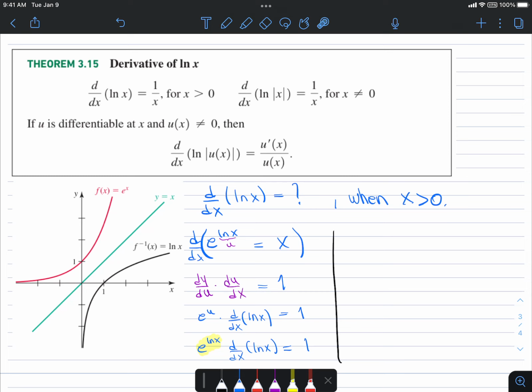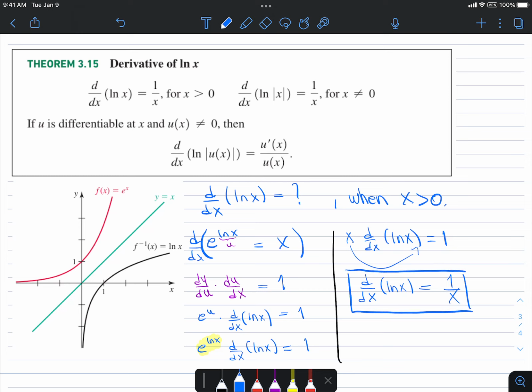That's the original equation we started with. So that's x times the derivative of ln x. If I divide by x on the right hand side, then the derivative of ln x is 1 over x. So now, instead of repeating this reasoning every single time you see the derivative of a logarithm, you can use this property.